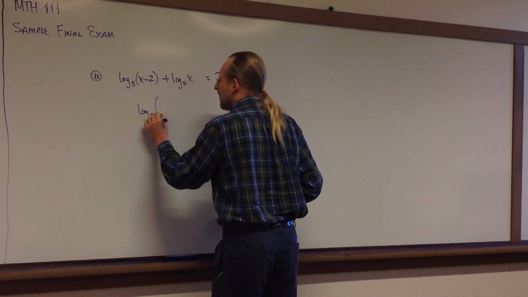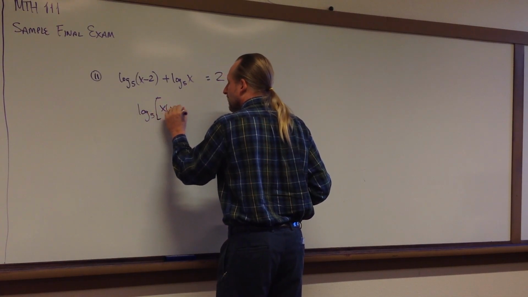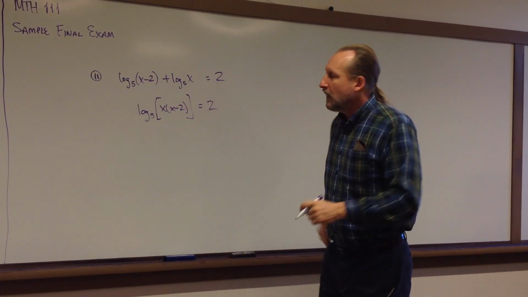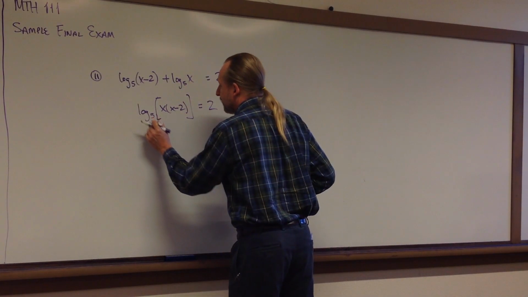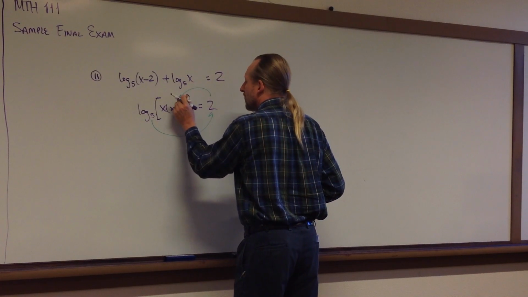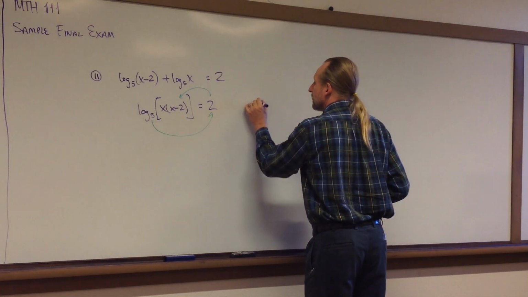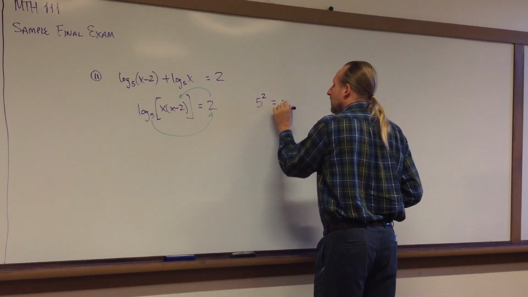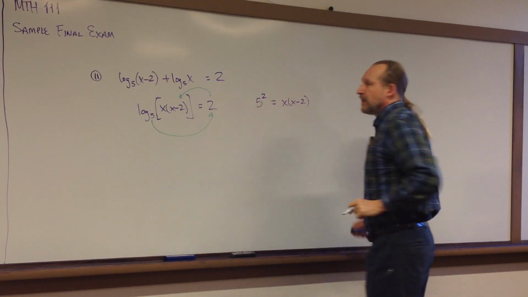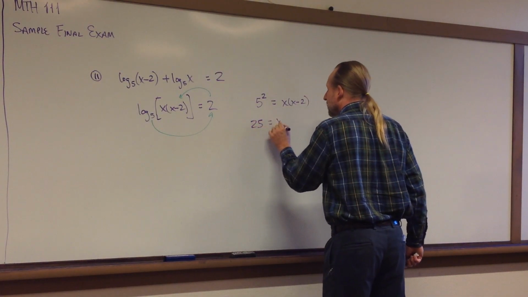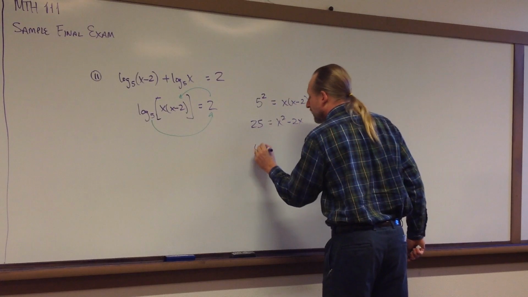Log to the base 5 of x times x minus 2 equals 2. And then we restate this saying 5 to the second power is equal to what's in the brackets or parentheses there. So this will be 5 to the second power is equal to x times x minus 2. So 25 equals x squared minus 2x.